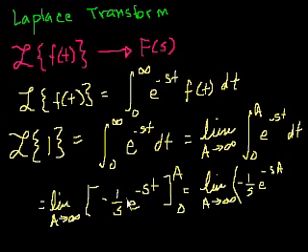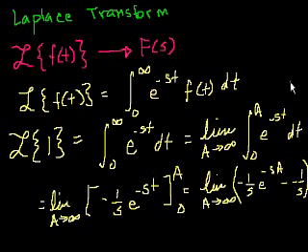That's what happens when I put a in here. Minus, now what happens when I put t equals 0 in here? When t equals 0, it becomes e to the minus s times 0. This whole thing becomes 1, and I'm just left with minus 1 over s. So I had minus 1 over s.